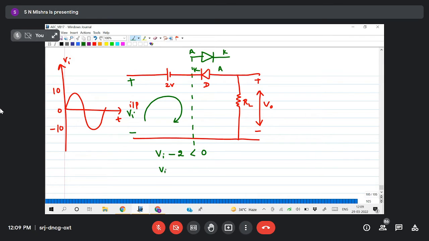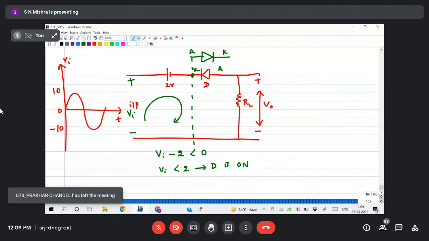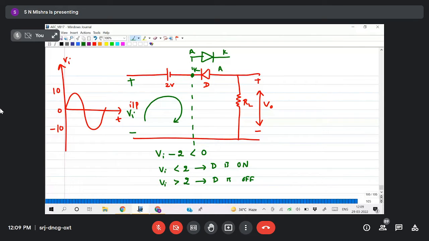Now Vi less than 2, then D is on. Vi less than 2, when at the anode you need less than 0, that means it should be less than 2 volt. So the diode is on. This is the first condition. Its reverse is Vi greater than 2, then the diode is off.